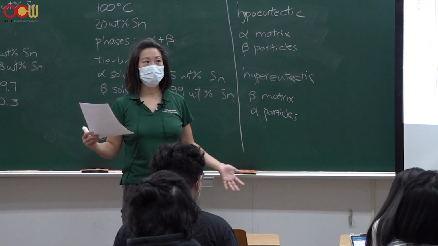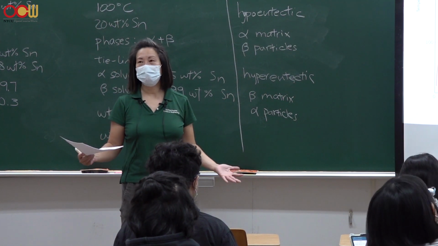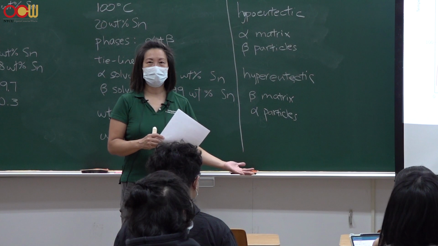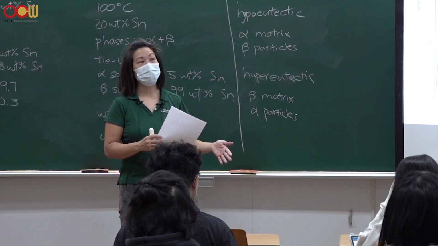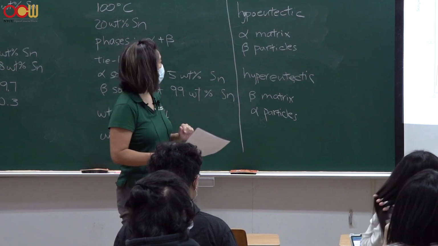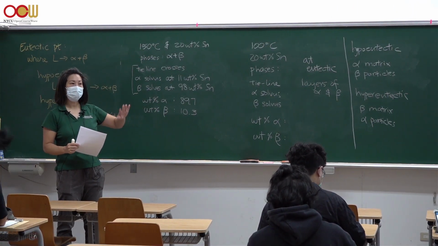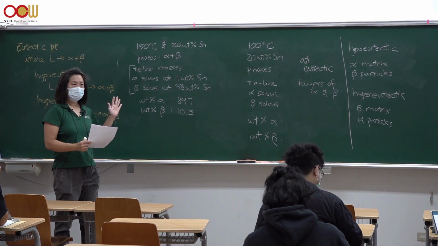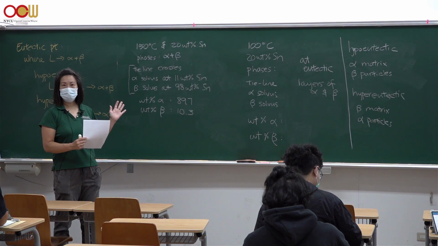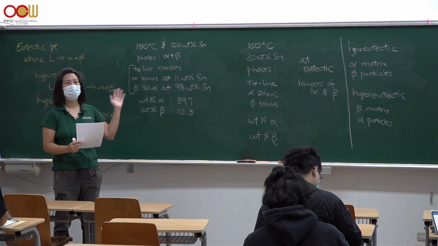One phase doesn't have the matrix with the second phase as particles, because they form at the same time, so you get layers of alpha and beta. So your microstructure will look very different depending on if you're operating at a hypereutectic concentration or a hypoeutectic concentration.